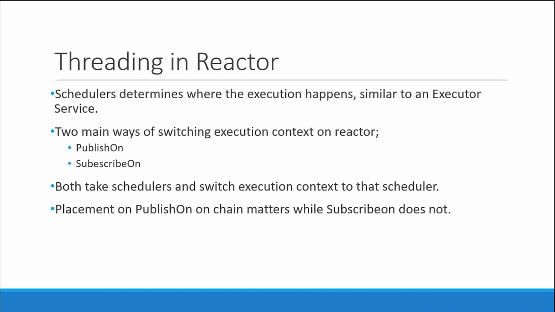There are mainly two ways of switching the execution context in Reactor: the publishOn method and the subscribeOn method. Both methods can take a scheduler and change the context. One key point: publishOn depends on its placement in the chain, while subscribeOn doesn't. That's the main key point of publishOn and subscribeOn.